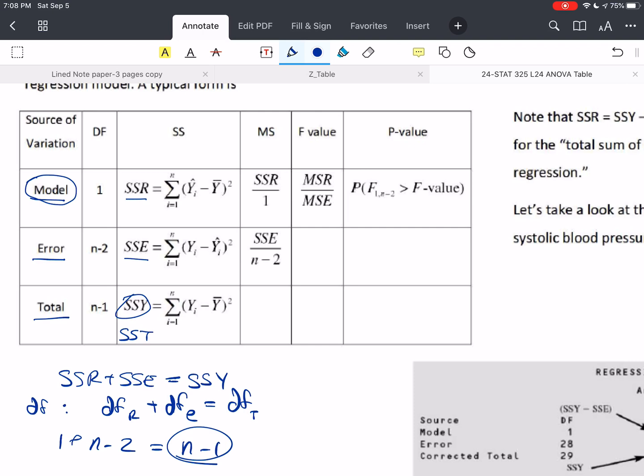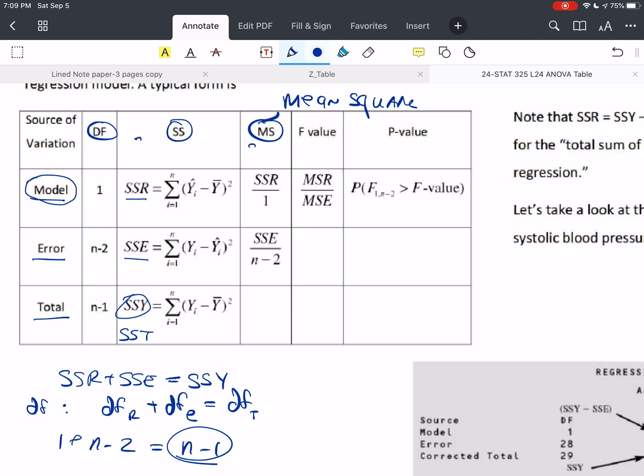Now, we have these new quantities here called the mean square. What we do is we take the sum of squares and divide it by the degrees of freedom.